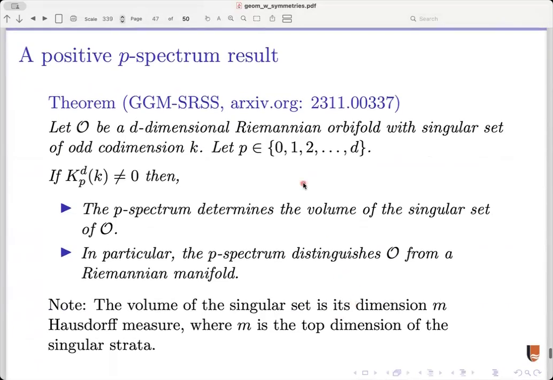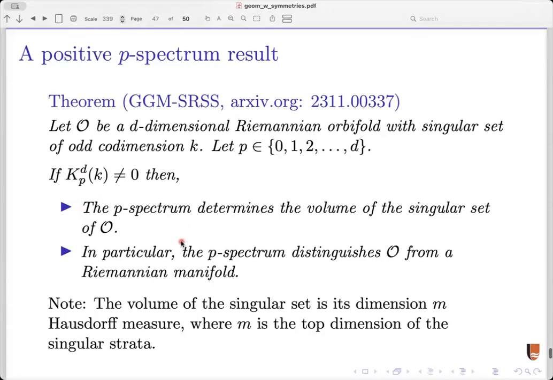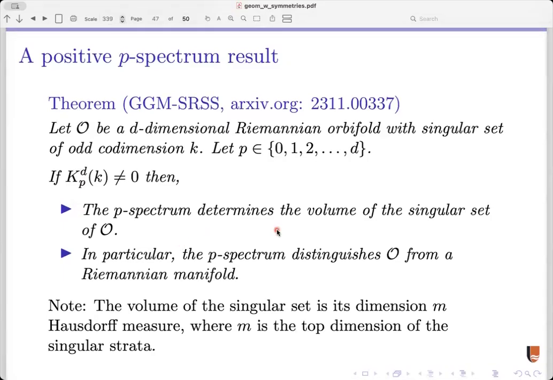Let me dip into those. So suppose I have a d-dimensional Riemannian orbifold with singular set of odd codimension k, and then choose p between 0 and d. Then if the corresponding Krawtchouk polynomial doesn't vanish, we can show the p spectrum determines the volume of the singular set in the orbifold. And what is that volume? So the singular set is a kind of an odd structure as a whole in the manifold.